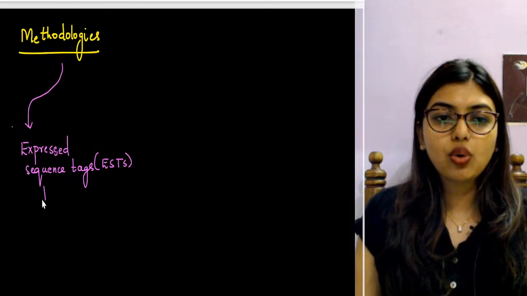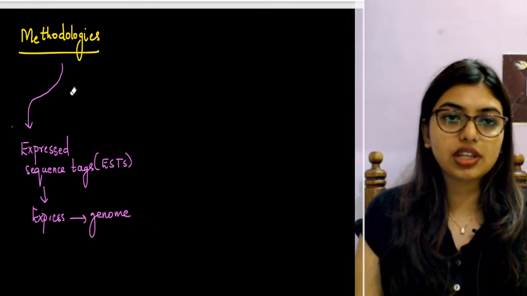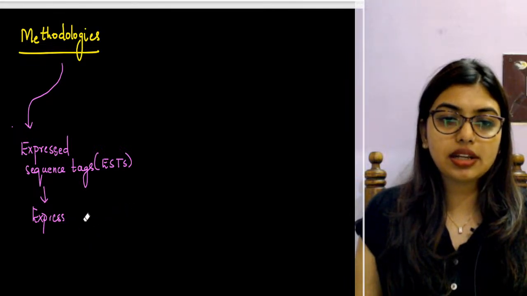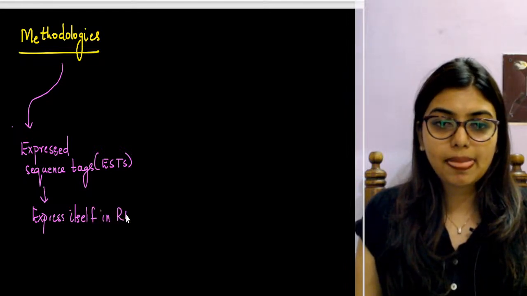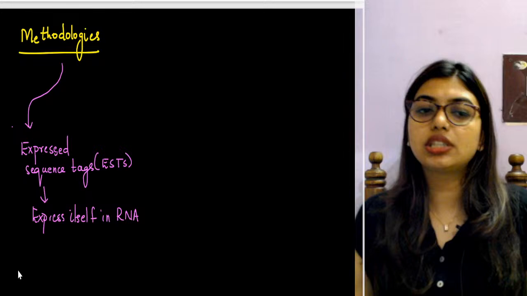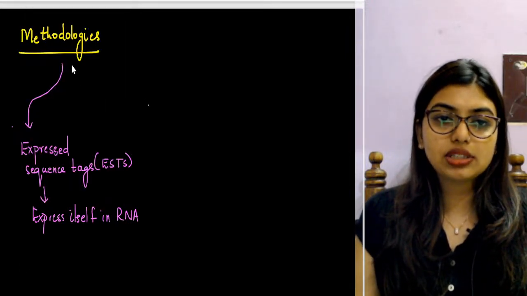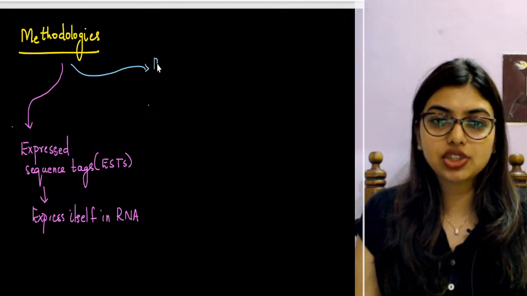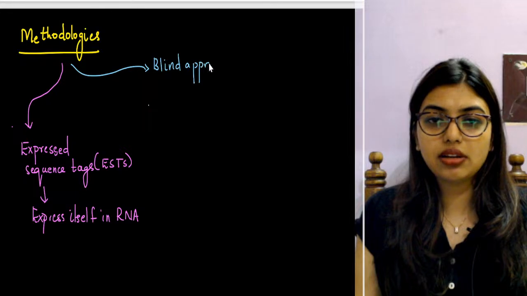That means only the ones expressing themselves in RNA were taken into one category. The next category was a blind approach. Students, they'll ask you about the blind approach and expressed sequence tags, so do not forget the full forms.